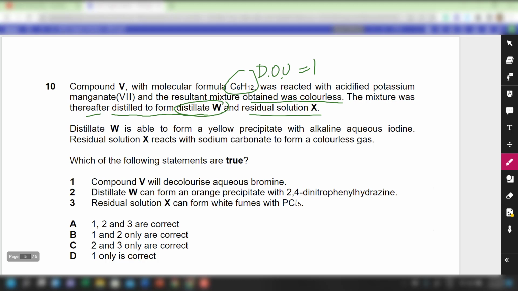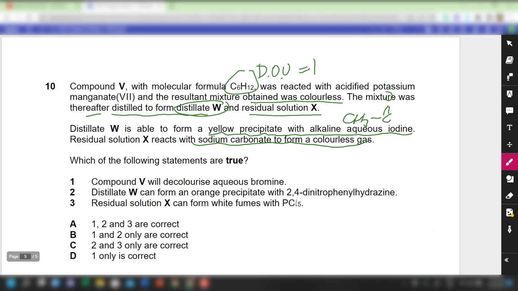Distillate W is able to form a yellow PPT with aqueous alkaline iodine, so therefore it contains the methyl ketone group, CH3CO. Residue X reacts with sodium carbonate to give a colorless gas, so residue X is likely to be a carboxylic acid. Okay, so with that, let us look through all the options.